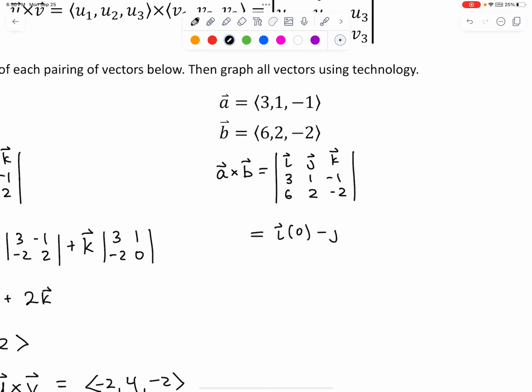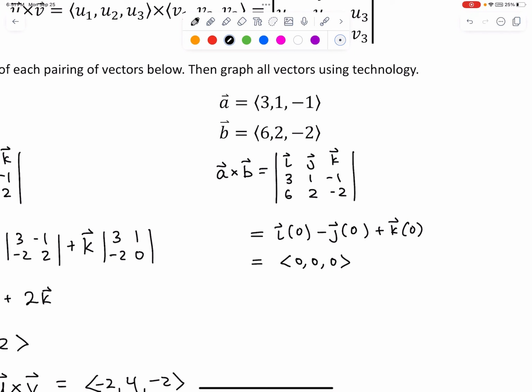And then minus vector j times the determinant of this 2 by 2 submatrix, which would be negative 6 minus negative 6, which would also give us 0. And then finally, plus vector k times the determinant of this 2 by 2 matrix, which would be 6 minus 6, so also 0. So in this case, we get the 0 vector.